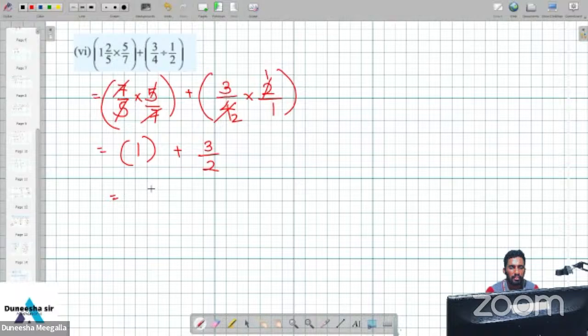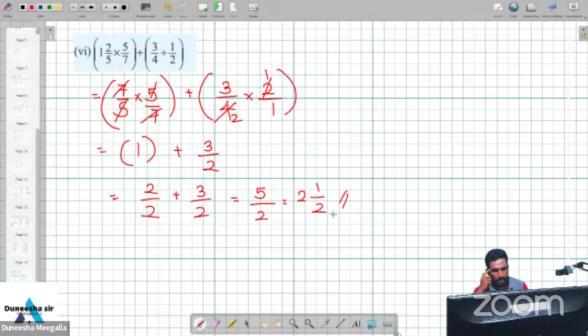Then you can use 2 over 2 as the 1. Okay, adding this one, 5 over 2. The answer is 2 and 1 over 2. Okay.